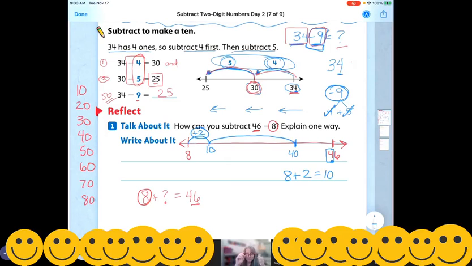Think about it. If I have a 10, what do I need to add to have 4 tens? Okay, I have 10 and I need to have 40. All right, Maya, you can unmute yourself. Tell me, what do I add to 10 that gets me to 40? 10 plus what equals 40?